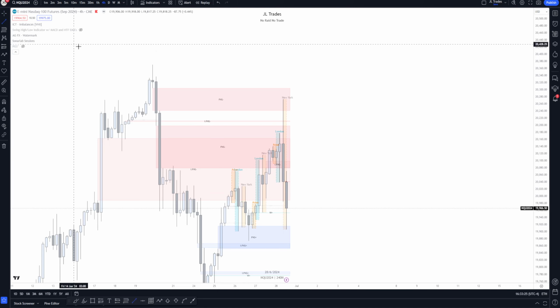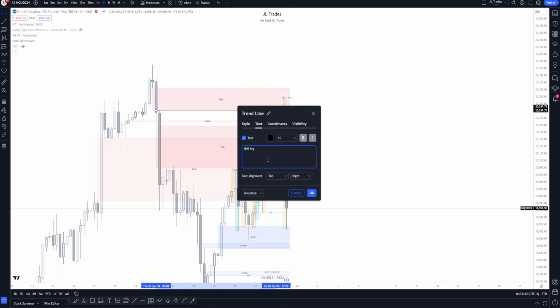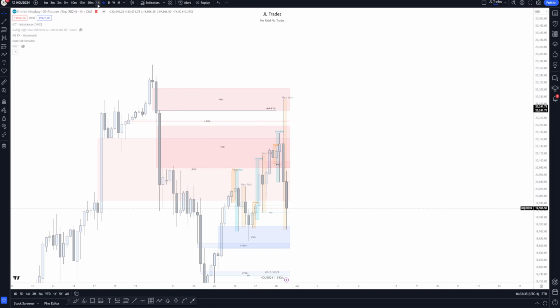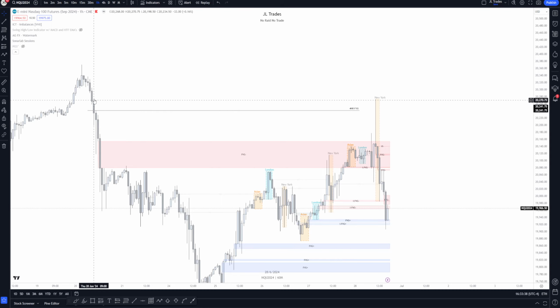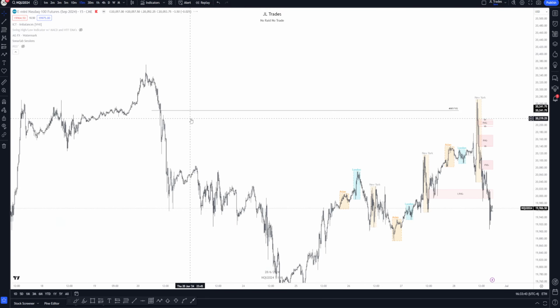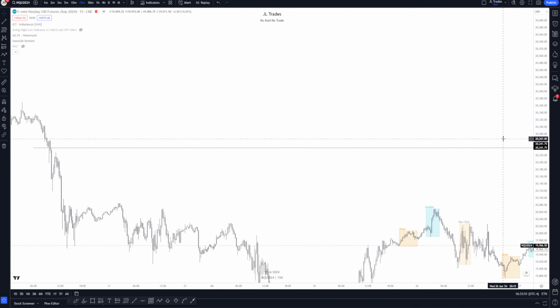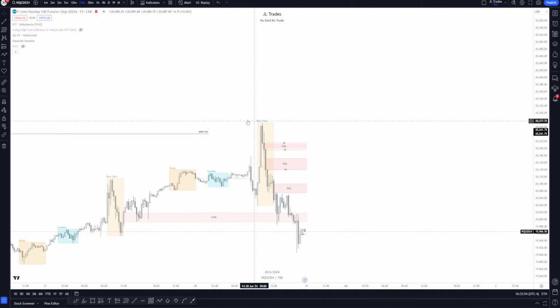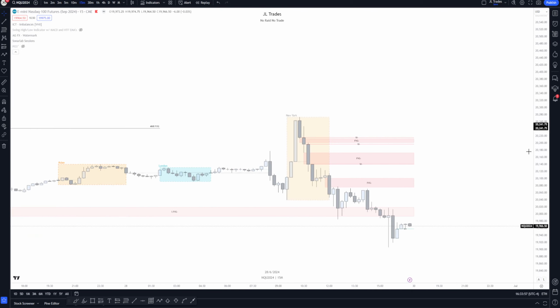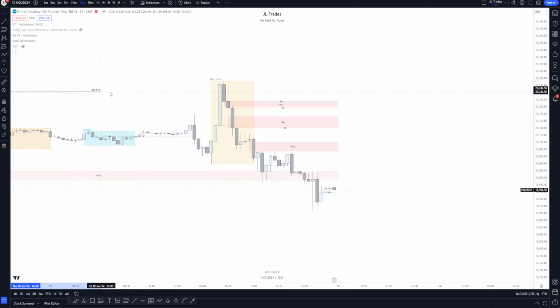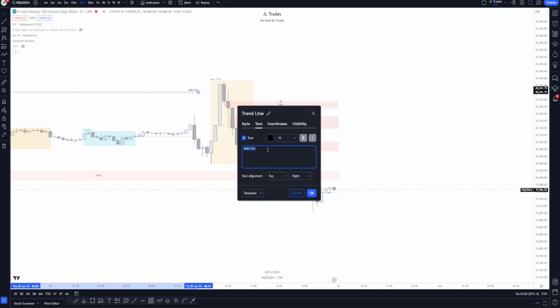So if I was to mark out this 4 hour FVG as a POI, let's say they go down to the 1 hour, it's also an FVG, like this whole area could be classed as a higher time frame POI. 15 minutes, zoom out, we have what seems to be a swing high just about there, which price actually came to that level to take. And then on the 15 minute, what I can see, price taps this higher time frame POI. Let's call this higher time frame POI.